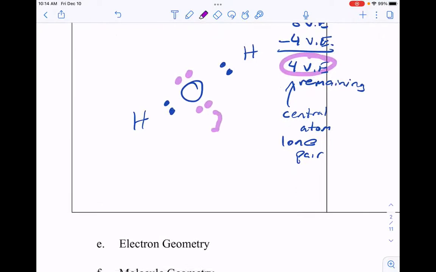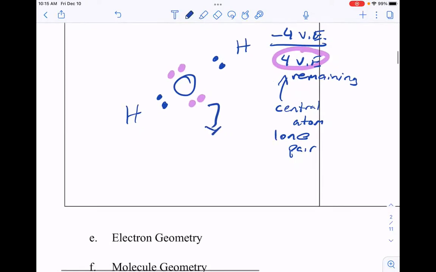If we wanted to convert the Lewis dot structure into a Lewis structure, in other words, representing shared electrons as a line, then this would be a single bond because there's just 1 pair between oxygen and hydrogen.